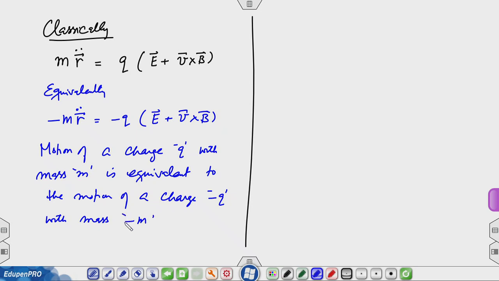Therefore, if I have a situation in a band where the effective mass is negative, it is better to describe this as a particle of positive mass and opposite charge, and that is precisely what is done in introducing the concept of holes.